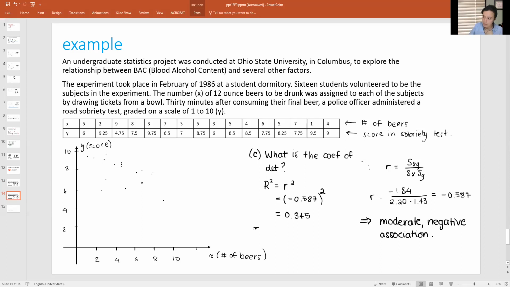And what this is telling me, and this is the whole point of finding the coefficient of determination, is that only 34.5% of the variation in the value of Y, so in the scores, can be linked to the number of beers.